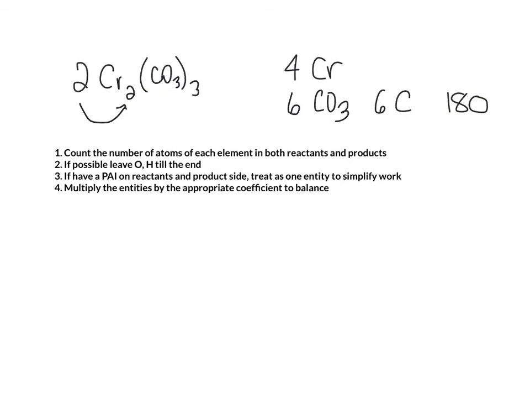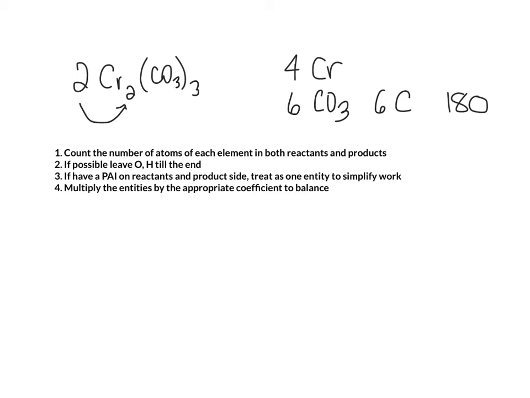Okay, so balancing chemical equations. First of all, count the number of atoms of each element, both reactants and products. You can do that just by inspection, just by looking at it. If possible, leave oxygen and hydrogen till the end, because they'll probably get worked out by themselves.